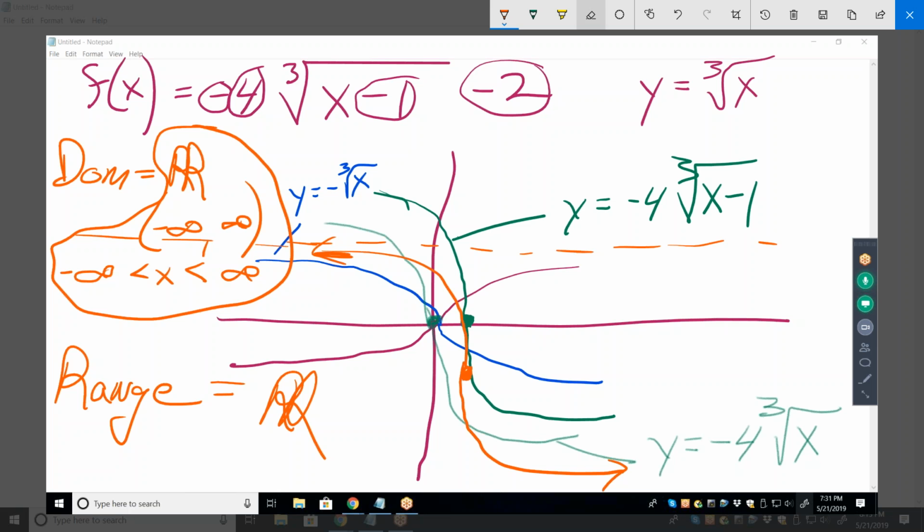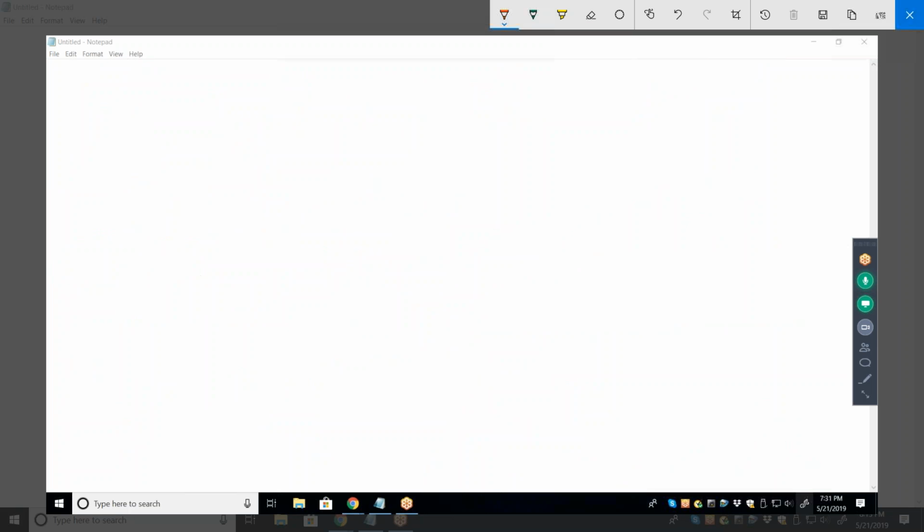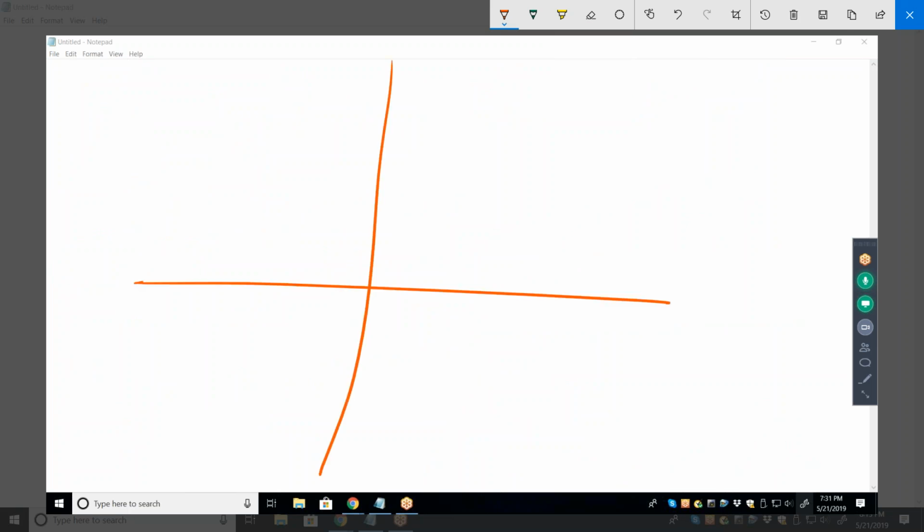Now, you do have to be a little bit careful. There is such a thing as a logistic function that does flatten out and approach 2 horizontal asymptotes.